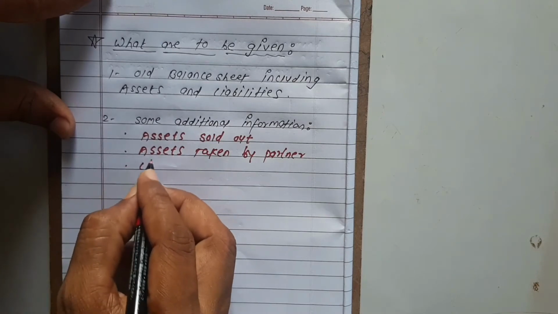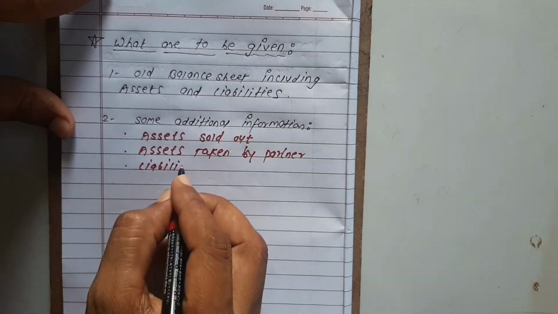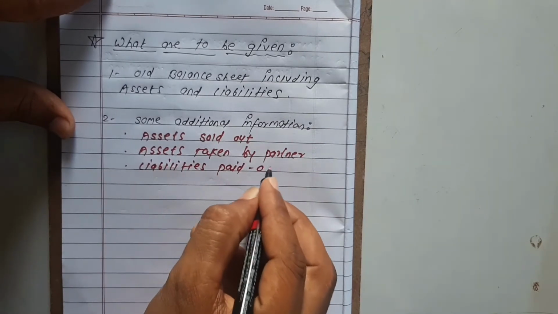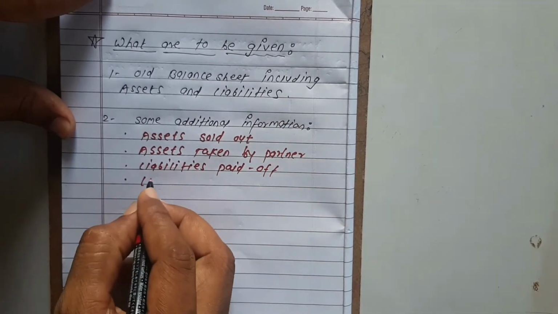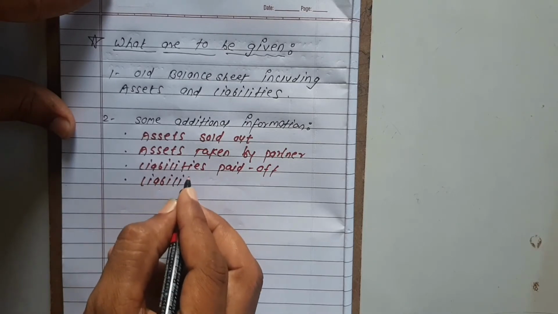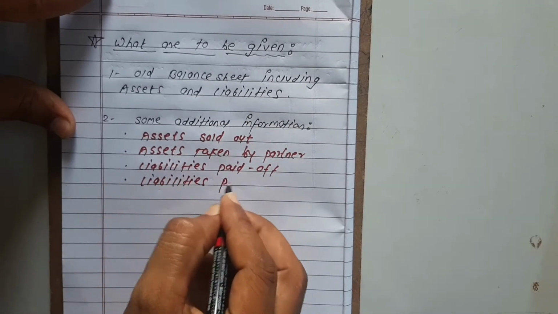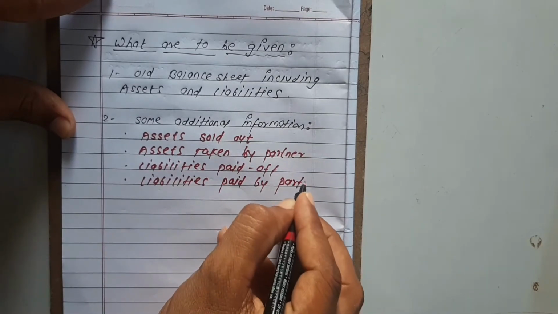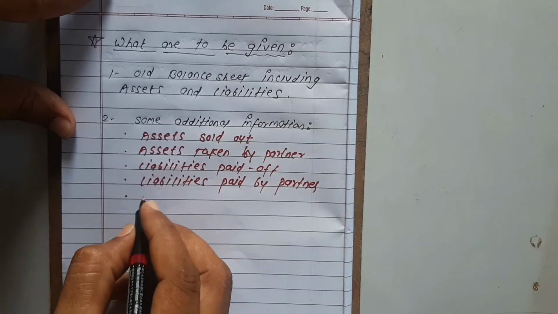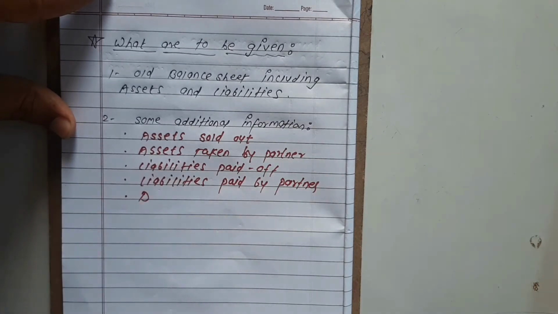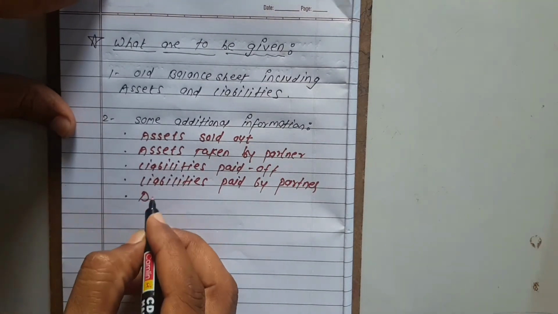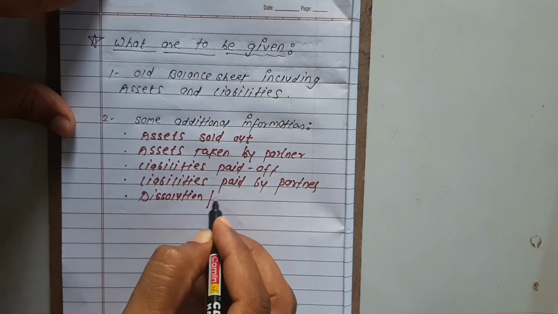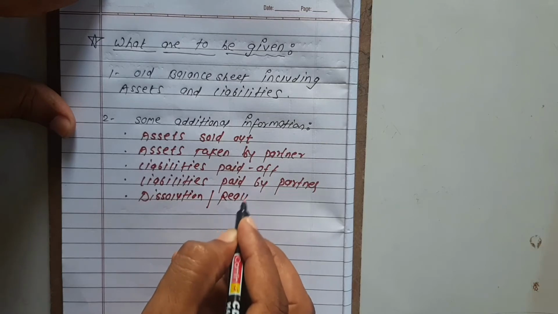Next one, liabilities paid off, or liabilities paid by partner, or liabilities taken by partners, and the dissolution expenses, or we can say realization expenses.